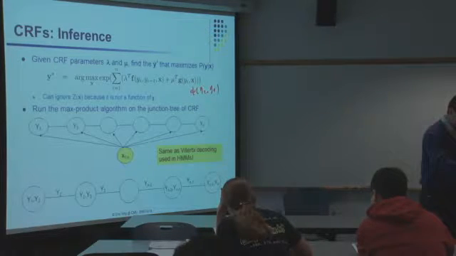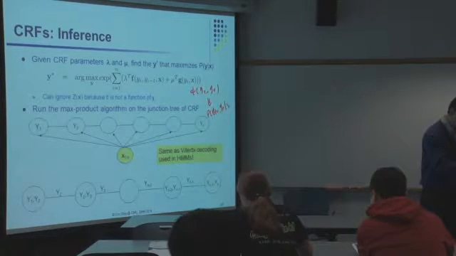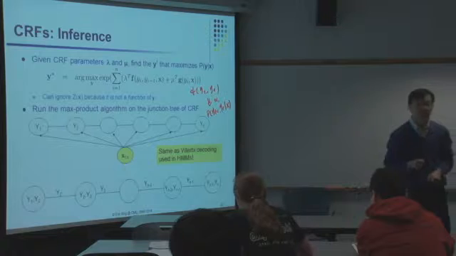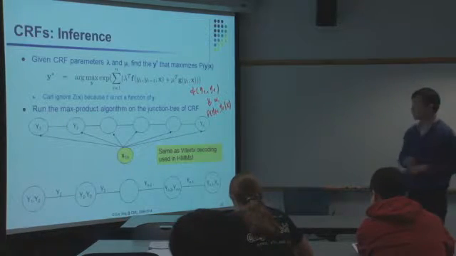What does this correspond to? This corresponds to p of y_{t-1} and y_t given x. It's just proportional, you just normalize it, and you get it.